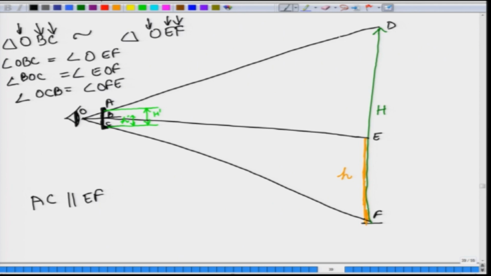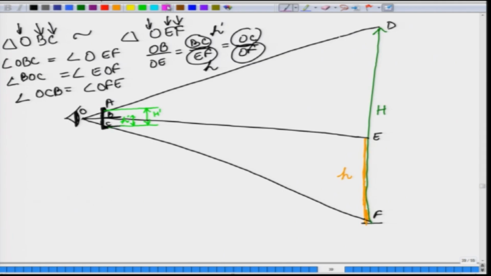Now, if both of these triangles are similar triangles, then we can write that OB by OE is equal to BC by EF is equal to OC by OF. Now, in this case you have BC, this is the value of BC and BC is equal to H prime with a small h, EF is equal to H, the small h is equal to OC by OF. Now, let us look at another pair of triangles.